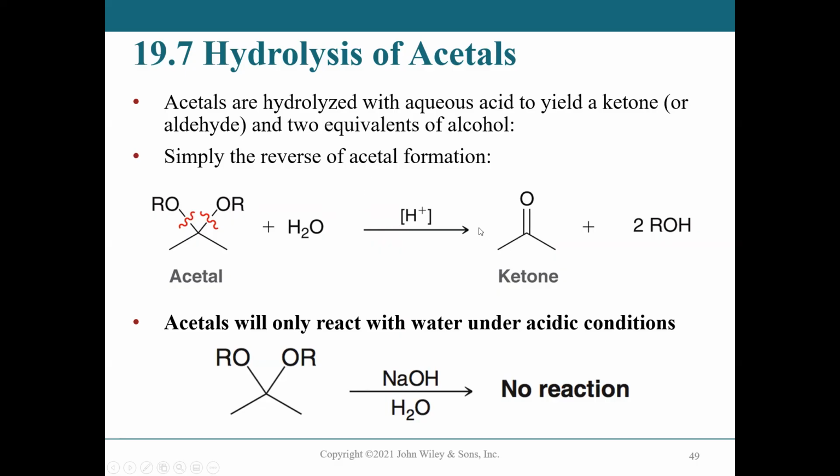We add a proton, and we get this ketone right here. So we have our ketone plus 2 alcohols. Acetals will only react with water under acidic conditions. So if we put it under basic conditions, there's going to be no reaction here.